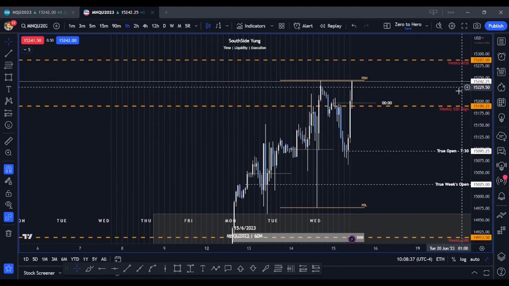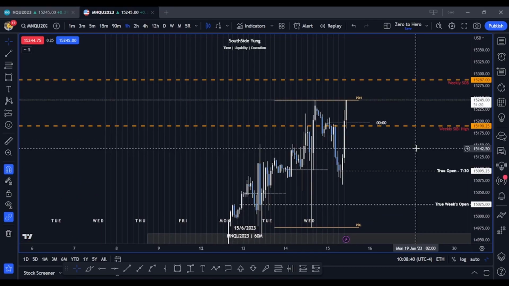Not exactly certain what's going on, but taking the previous day's high.